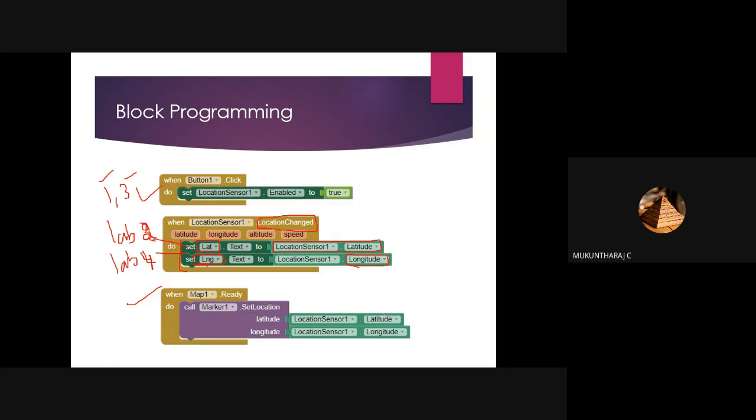The changed latitude must be given to display in the lat label, as well as to the latitude of the new location. And the longitude is also fed, so that marker 1 will move to the specific location. Clear? This is the rule set we are going to work with. Shall we work on it?